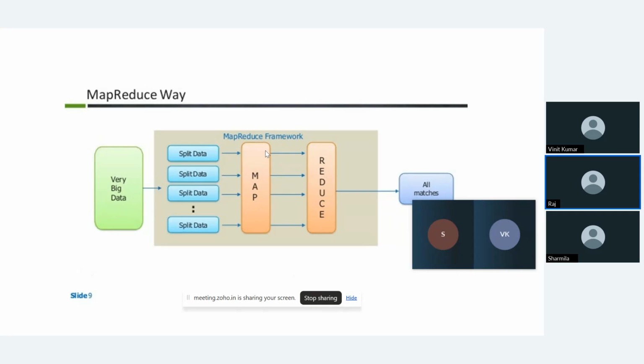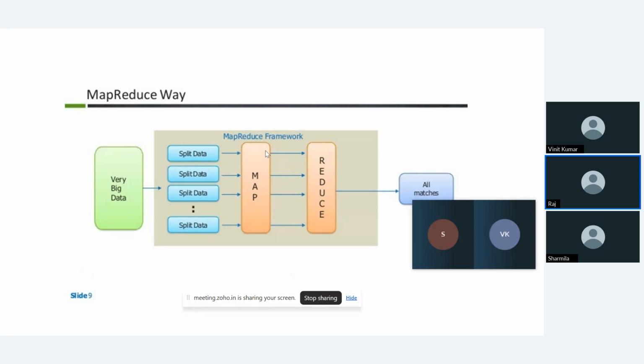Then we apply the mapper function on top of it. What the map does is break the data into the form of key value pair, because my map only understands data in the form of key value pair. So whatever data we get, it converts it into key comma value, and the output of the mapper is also in the form of key value pair.